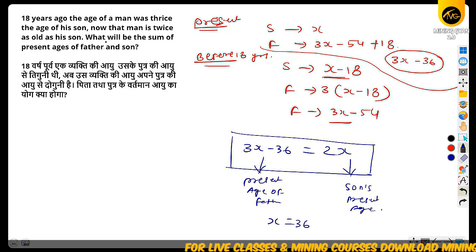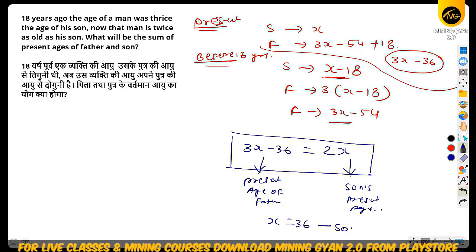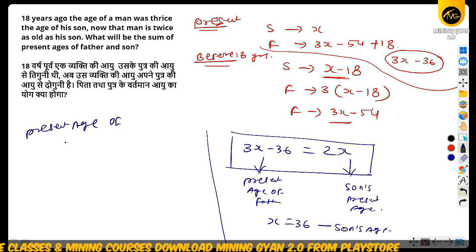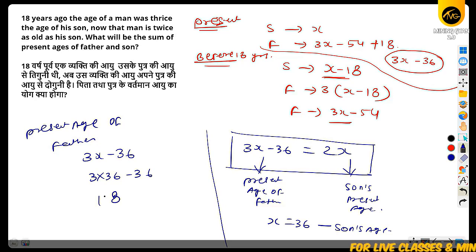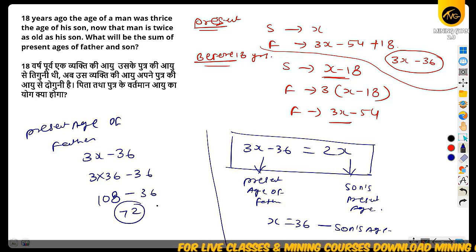And what is the question? What will be the sum of the present ages of father and son? This is son's present age. Now we have to find the present age of father. So the present age of father will be 3x minus 36. So 3 into 36 minus 36, that is 108 minus 36, so it will be 72 years old.